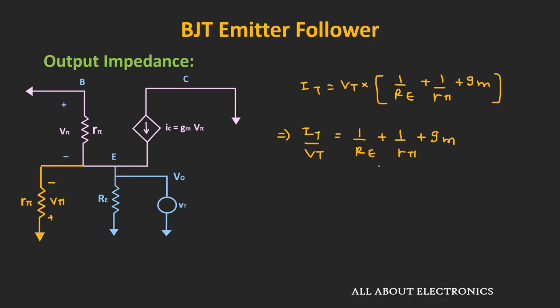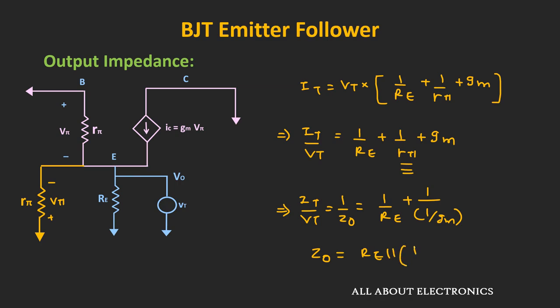Now as we have discussed earlier, this term 1 divided by R pi is much less than Gm. That means we can neglect this term. That means It divided by Vt, that is 1 over output impedance, is equal to 1 divided by Re plus Gm. That means here this output impedance is the parallel combination of Re and 1 over Gm.